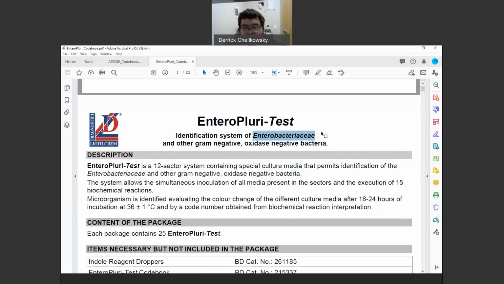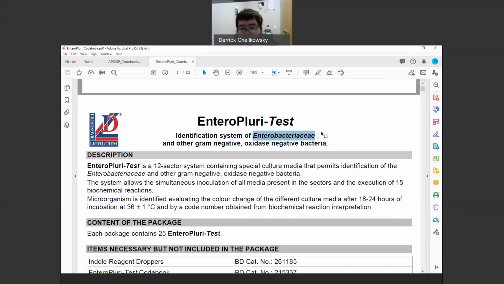So would we expect certain bacteria to not be able to be coded out if, say, they were Streptococcus viridans? No, because Streptococcus viridans is not an enteric bacteria. So if you have an issue with keying out your bacteria, ask yourselves, do I think this is an enteric? If you have a gram-positive rod, ask yourself, does this make sense?